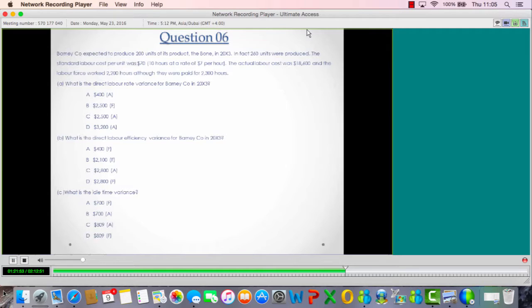Now, when you consider labor rate variance, you should consider the actual hours that were paid for the workers, and we see the difference between the standard rate and the actual rate. When you say efficiency, it should be the difference between the actual labor hours and the standard labor hours. Get the definitions right. I think that is why you are going wrong.